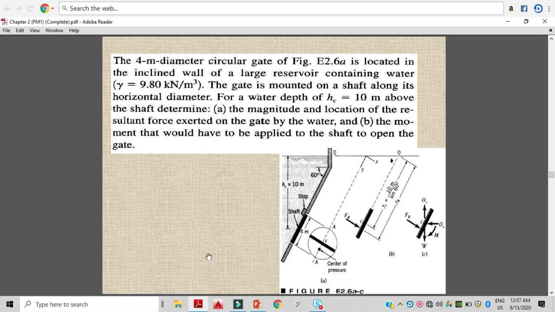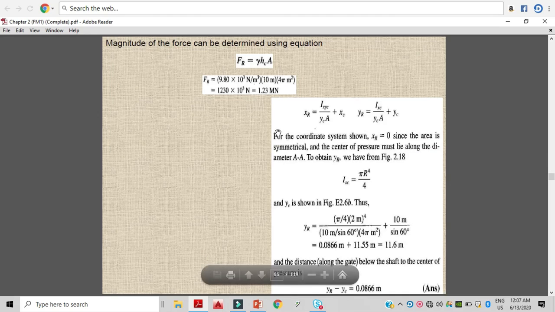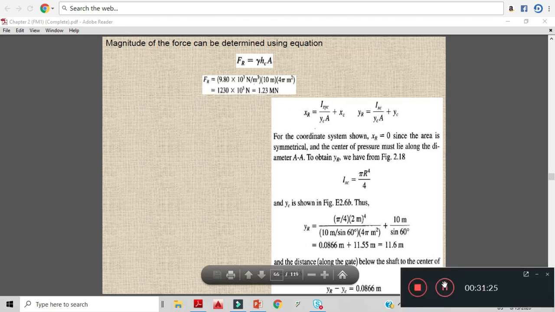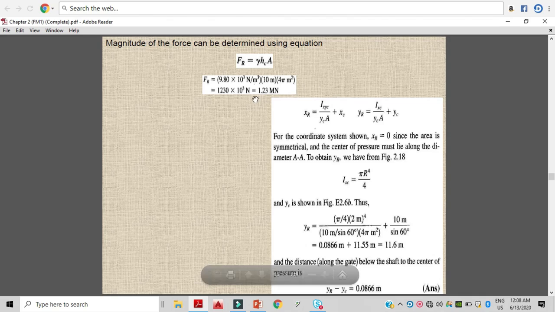So let's move on. Here you see the net resultant force is equal to gamma hc into A. Gamma is equal to 9.8 into 10 power 3, hc is given as 10 meter, and A is equal to 4 pi, since the diameter is 4 meter and the radius is 2 meter, so the area is pi r square.